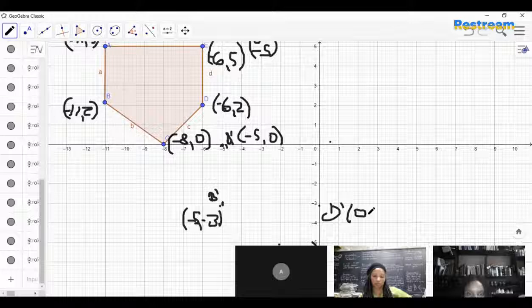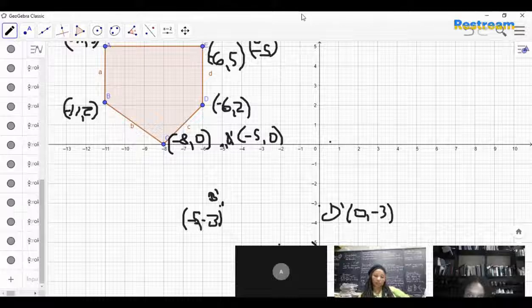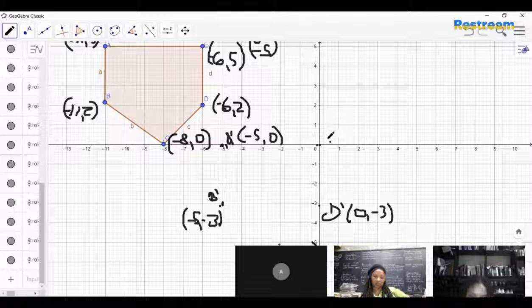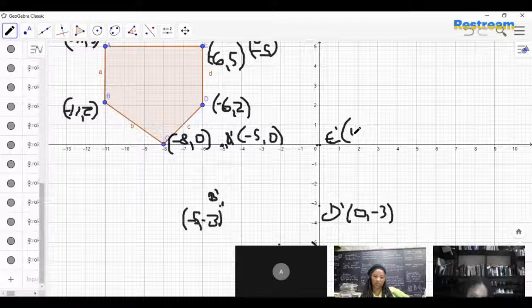And E prime: -6 plus 6 is also 0, and 5 minus 5 is 0. So that would be 0, 0, right there at the origin. And connect the lines. That's E prime, 0, 0, the origin.